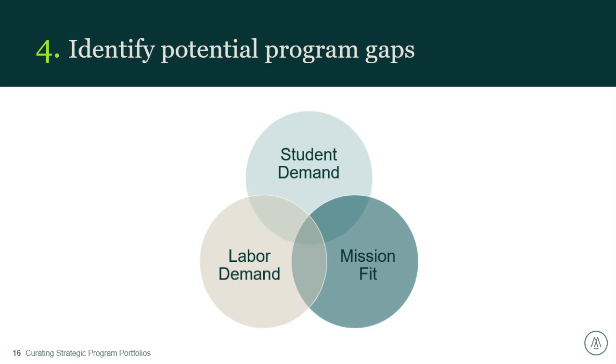They're doing phenomenal. And they took advantage of an industry that was growing in their specific geographic region and really embraced it and said there's a potential gap there, really that labor demand, but it also fit their mission. And also there was, as it turned out, huge student demand.